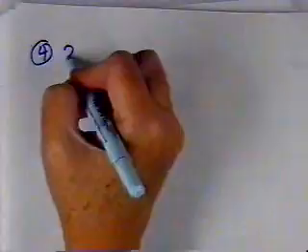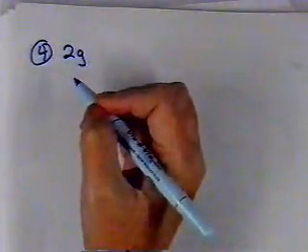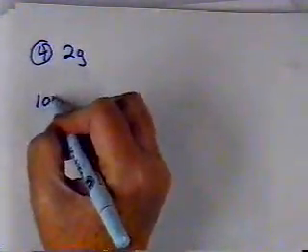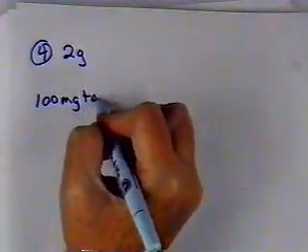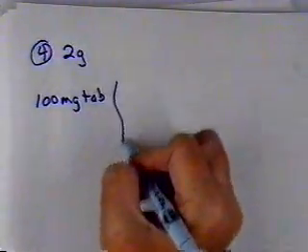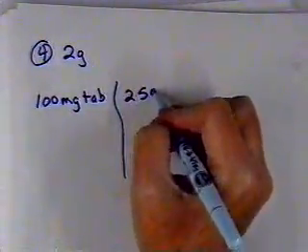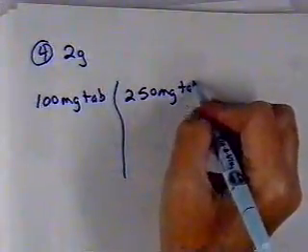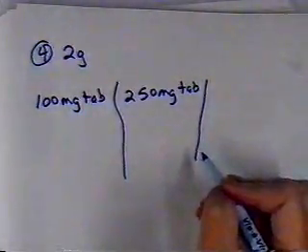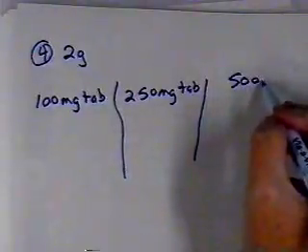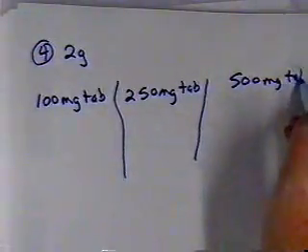Okay, now number 4 is where we have a choice. I'm ordered to give 2 grams. I have 100 milligram tablets. I have 250 milligram tablets. Or I have 500 milligram tablets.